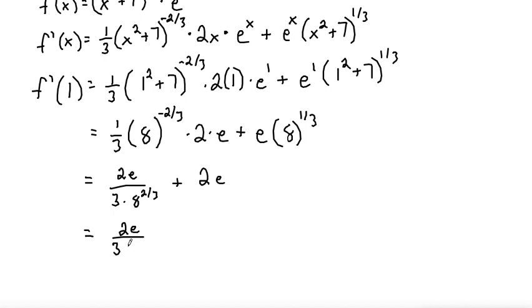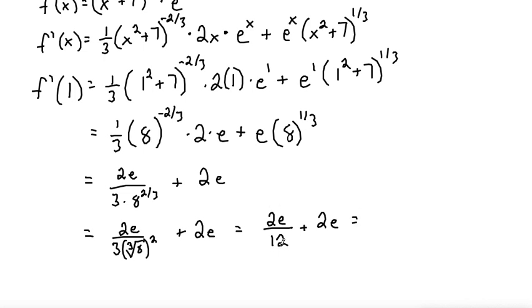So we can think of that as the cube root of 8, and then all of that is squared, plus our 2e, which then the cube root of 8 is 2. 2 squared is 4. So that makes 2e over 3 times 4 is 12 plus 2e.